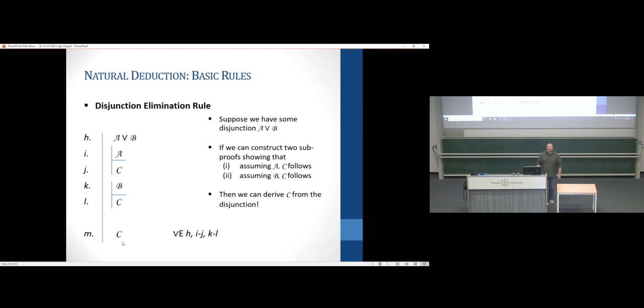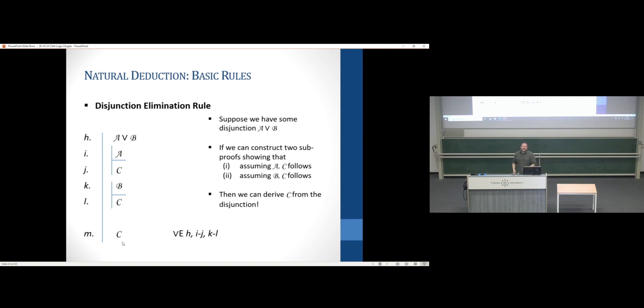So you can kind of think about it metaphorically like this, right? You're on one side of a mountain. You want to go to the coastal town on the other side. You can go the east road, you can go the west road. No matter which way you go, you end up at the coastal town. So it doesn't matter which route you take. You're going to end up there.